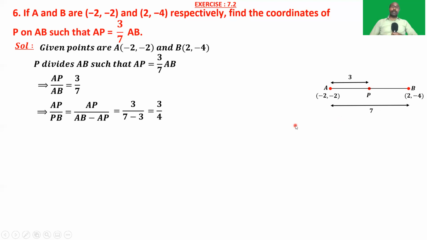So AP by PB is equal to 3 by 4. That means P divides AB in the ratio 3:4.